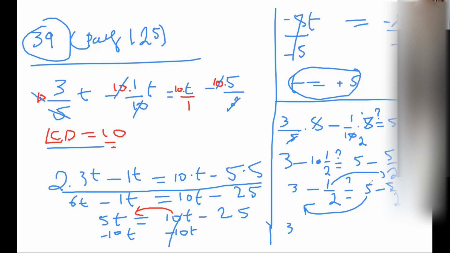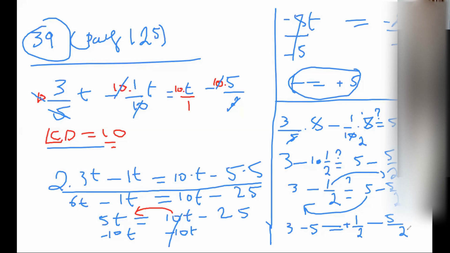That's right. When you move something across the equal sign, the sign changes. So 5 moves as negative 5. Negative 1 over 2, if it moves to the other side, turns into positive 1 over 2. That's right, it'll be positive 1 over 2 minus 5 over 2.